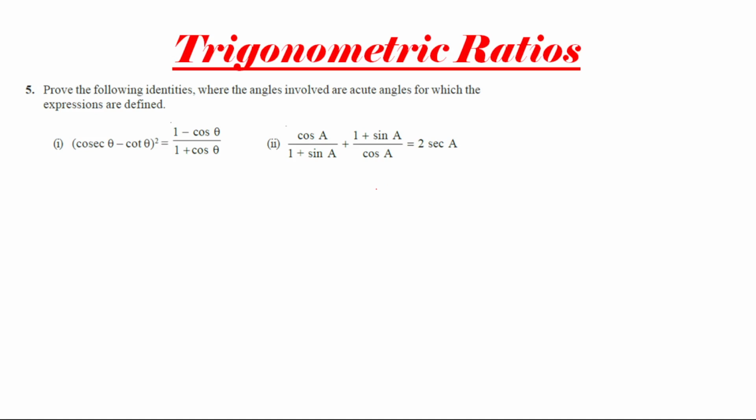So the question is, prove the following identities where the angles involved are acute angles for which the expressions are defined. First of all we should know what an acute angle is. The angle between 0 degree to 90 degree is called an acute angle. If it is 90 degree, then it will be a right angle.